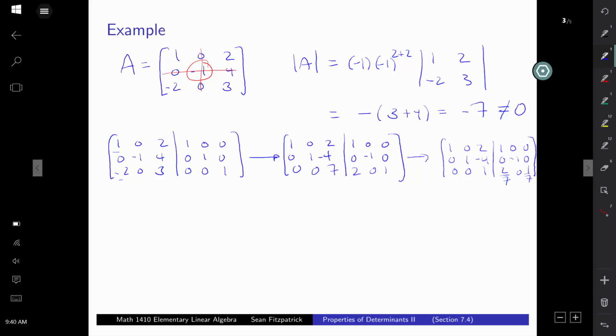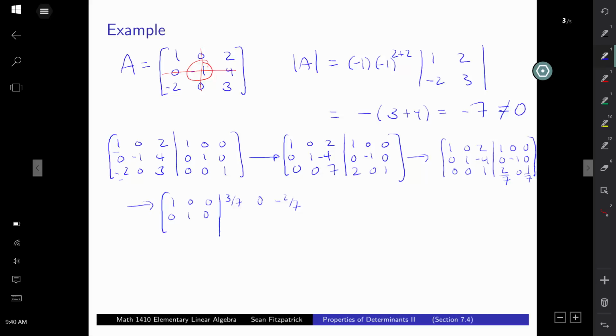1 over 7. And then I've got 2 more row operations to go. I've got to get rid of that 2, 1, 0, 0, so minus 2 times row 3. 1 minus 4 sevenths gives me 3 over 7, 0, minus 2 over 7, and 0, 1, 0.